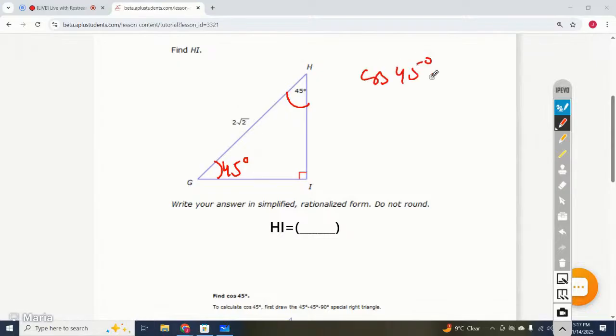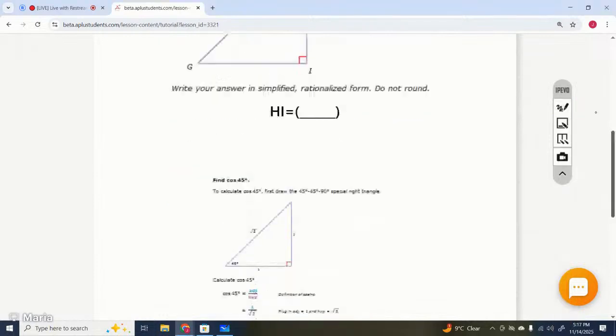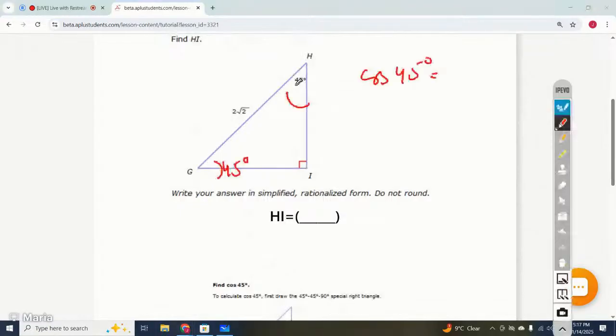So cos 45 is equal to adjacent divided by hypotenuse, that is 2 square root 2. So HI is equal to 5 multiplied by 2 square root 2. Just use the calculator. Calculate the cos 45 from the calculator.